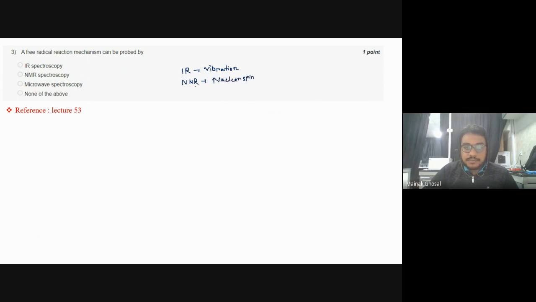Microwave spectroscopy deals with the rotational level. So you can see that IR is responsible for vibrational transition, NMR for nuclear spin, and microwave for the rotational case.